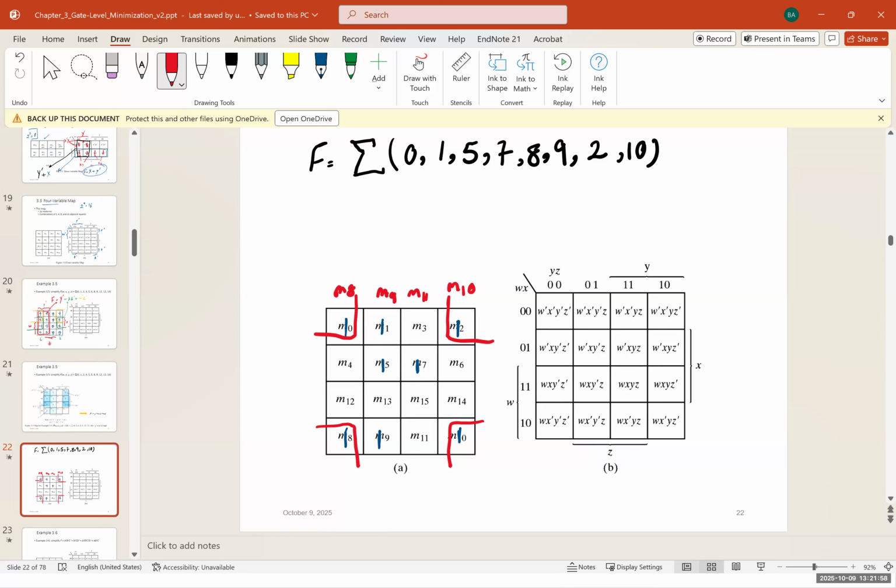Like M0 is adjacent with M2, M4 is adjacent with M6, M12 is adjacent with M14, and M8 is adjacent with M10. I want to erase it because I don't have enough space to write down. So I can do all 4 in corners.